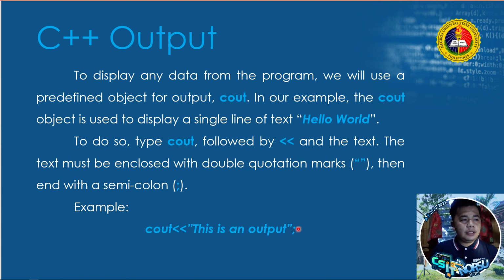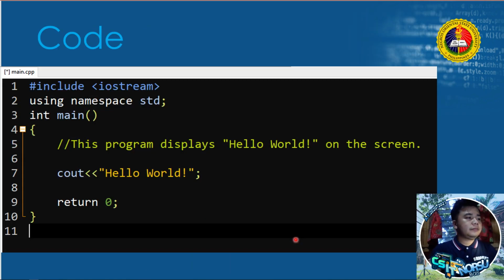And then after that, we're going to put a semicolon. Let's go back. Okay, so let's try. We have cout, two angle brackets, and then hello world enclosed with double quotation marks. So basically everything that you put inside the quotation marks will display on the screen.